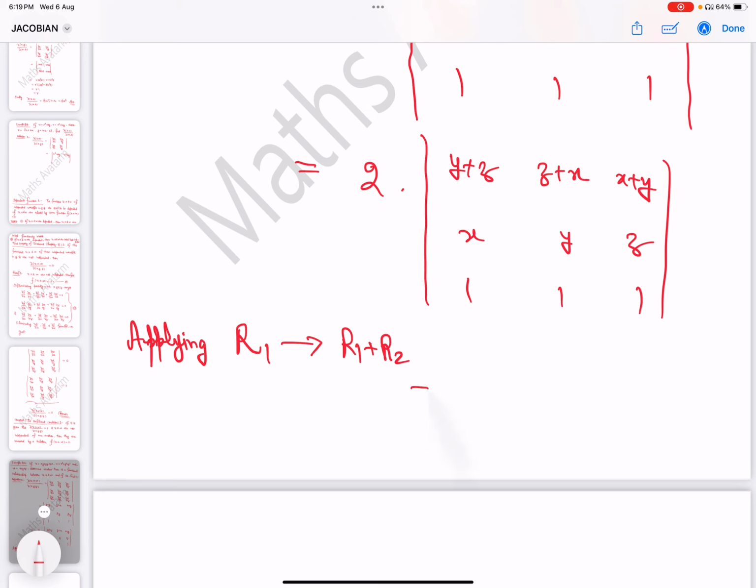Then what we will get? We will get 2 times x plus y plus z, x plus y, x plus y plus z, x plus y plus z.